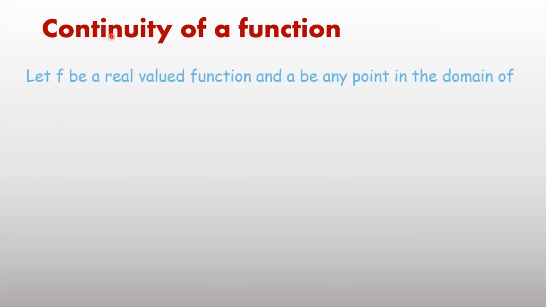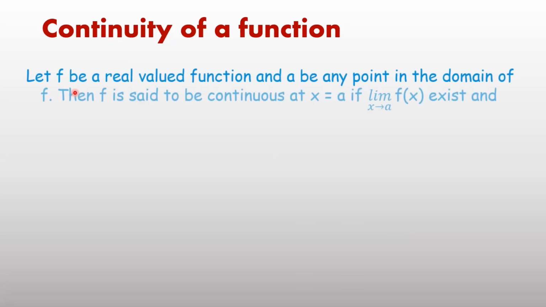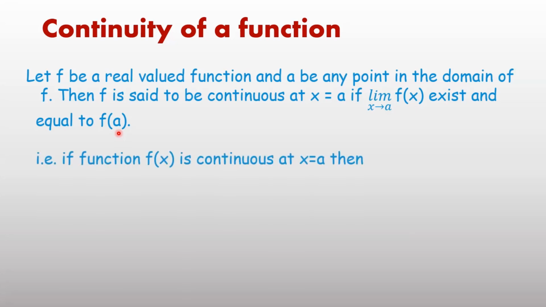Then next, continuity of a function. Continuity means there is no break in the curve of the function at a point, then we can say the function is continuous at that point. In other words, if the limit exists at a point and is equal to the value of the function at that point, then the function is continuous at x equal to a.